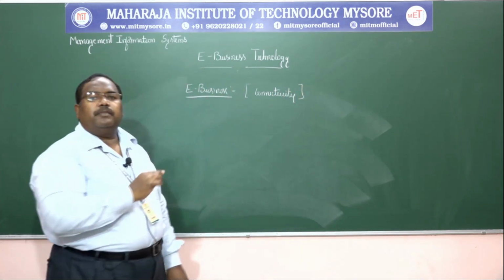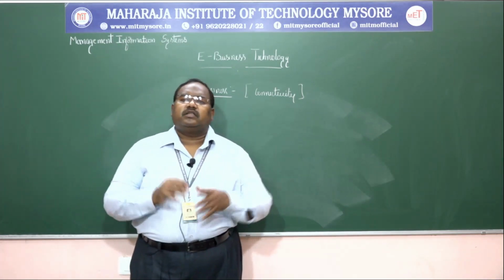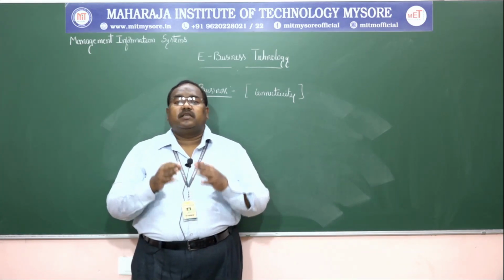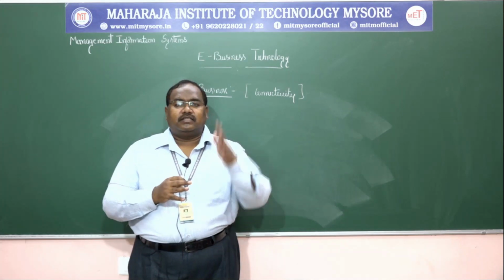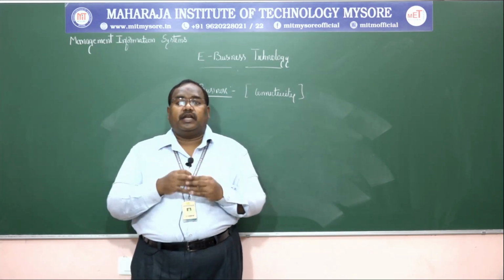How does e-business make it globally accessible? One of the biggest benefits of the internet is the ability to allow organizations to perform business with anyone. Listen to this: the biggest benefit is of the internet.